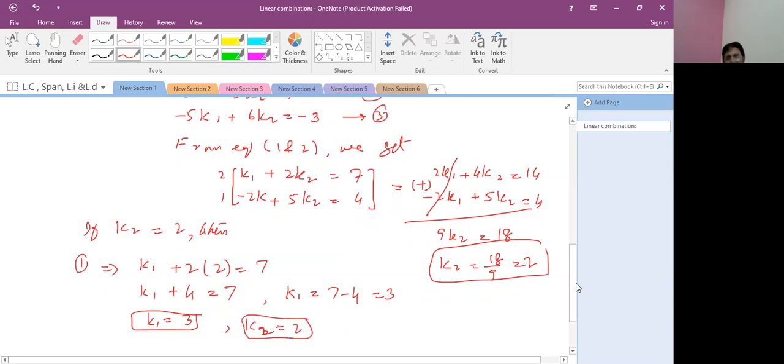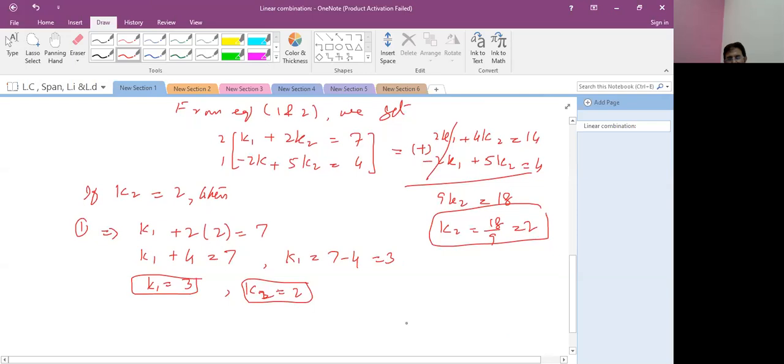If we put these two values, student, in equation number 3 and it is satisfied, then we call the given vector a linear combination of the vectors. So put K1 equals 3, K2 equals 2 in equation number 3.